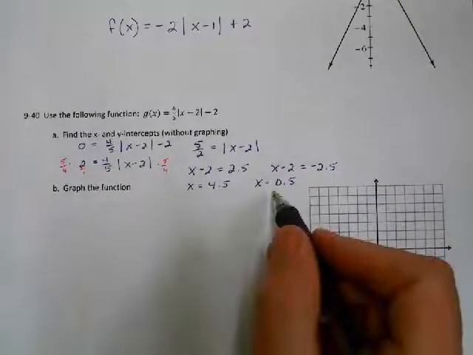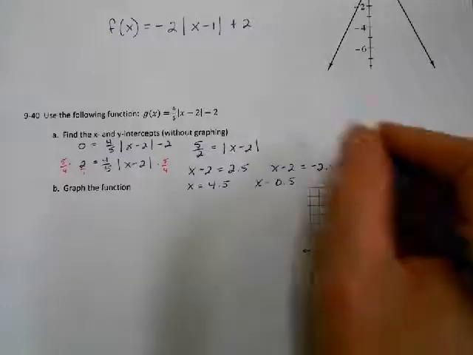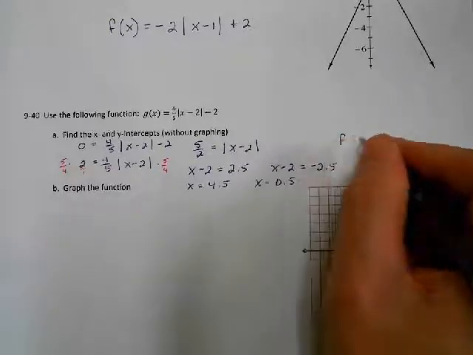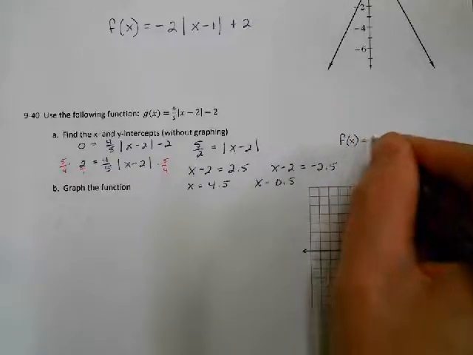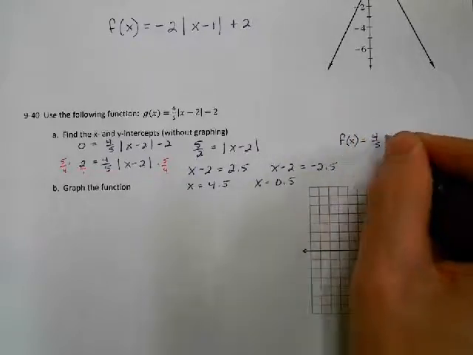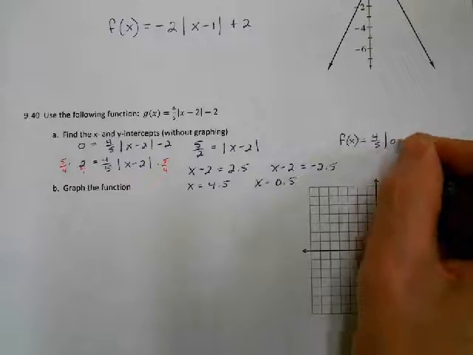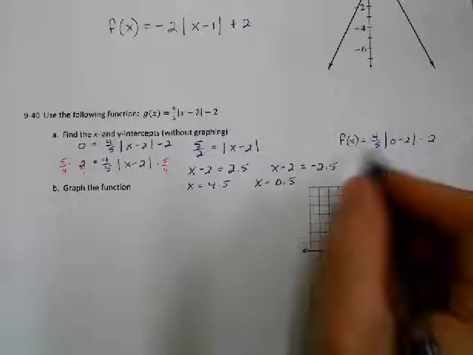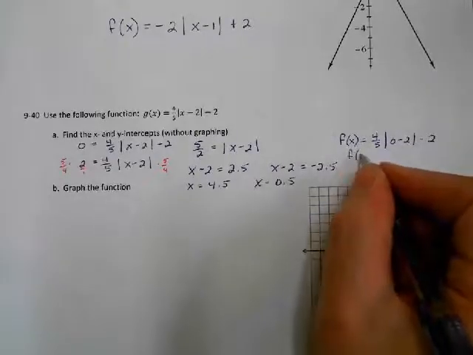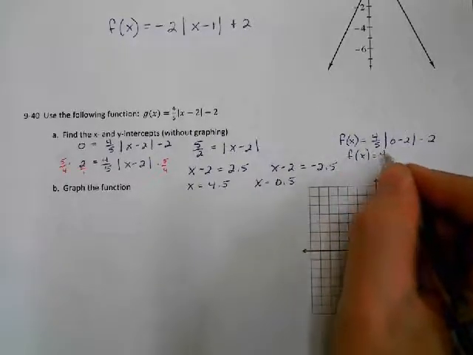To find the y-intercept, I just plug in 0 for x. So I do 0 minus 2 and subtract 2. So over here, 0 minus 2 is negative 2.